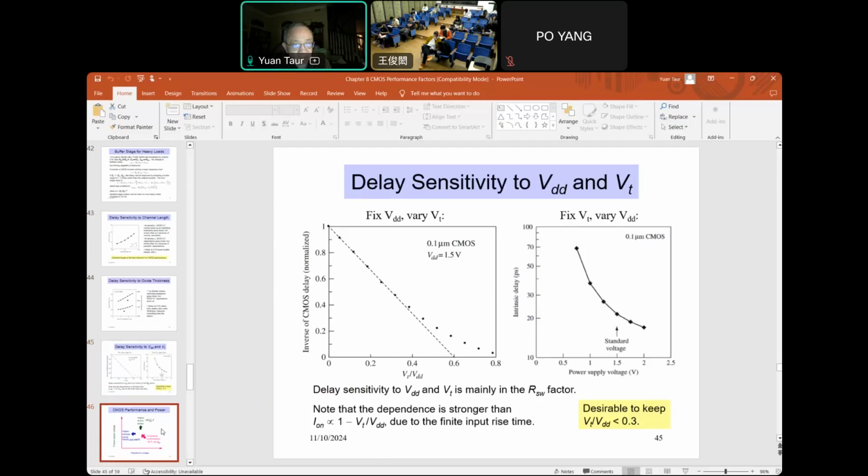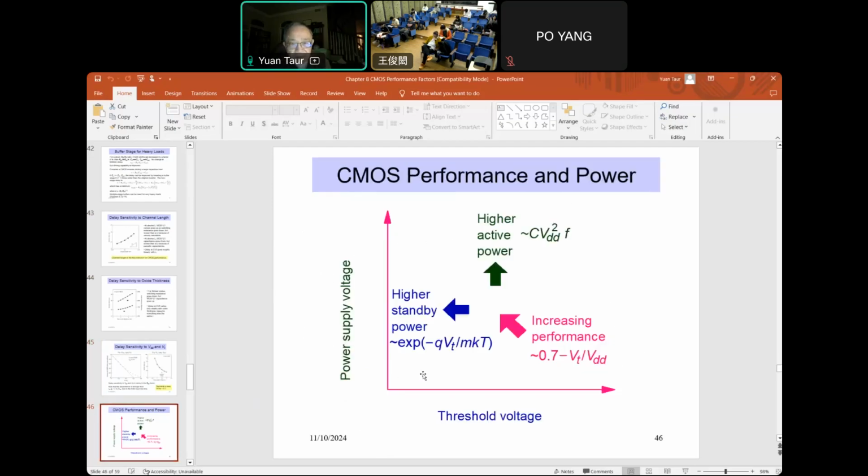Again, just to remind you, we also talk about this in chapter 6: the performance and power trade-off versus power supply voltage and threshold voltage.